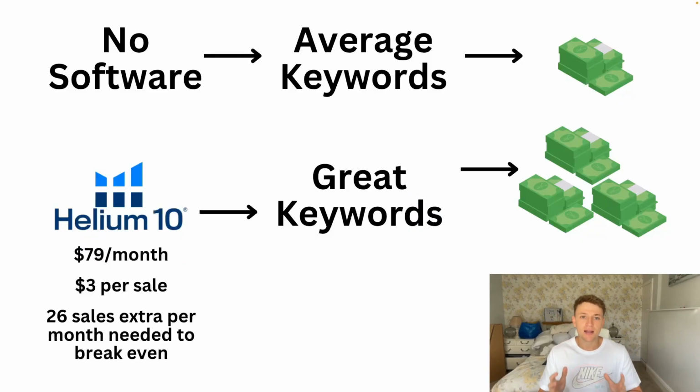So you need to stop looking at it as a $79 per month expense and start looking at it as an actual investment. You're going to make way more than $79 per month back from investing into this keyword research software, with the amazing and high converting keywords that you get from it, than you are by having no software. So yes, it costs $79 per month, but the return on investment is absolutely there.